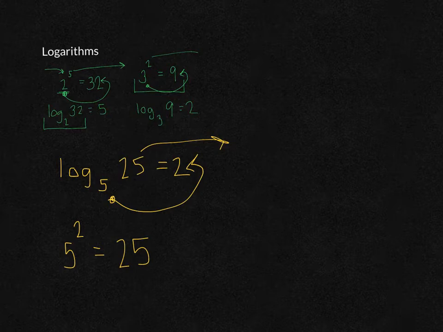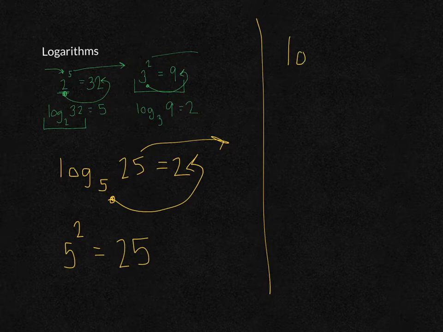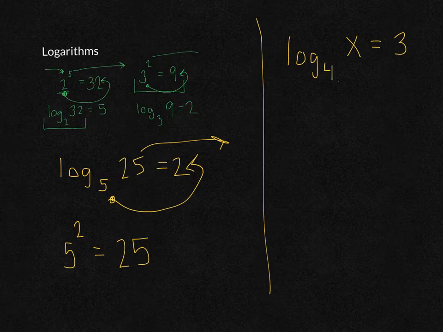Let's look at one more here, and actually, let's try and solve one all the way. Maybe you don't have all the information. So let's say I have log base 4 of x equals 3, and I want to figure out what x is equal to. Well, we can do this by rewriting the whole expression as an exponential expression.